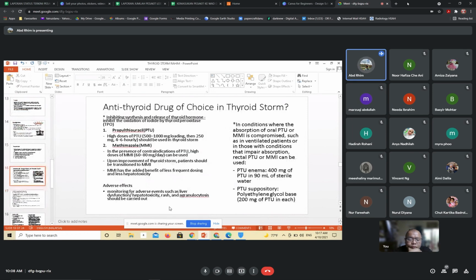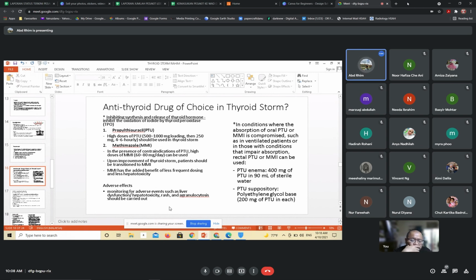So the first one, anti-thyroid drugs of choice in thyroid storm. First one is propylthiouracil, and methimazole. These fulfill the first objective, which is to inhibit the synthesis and release of thyroid hormone.